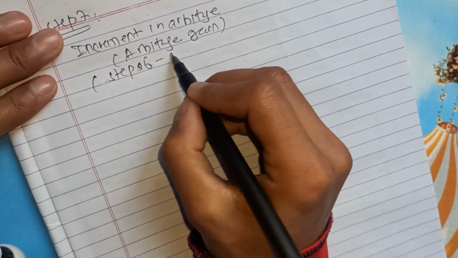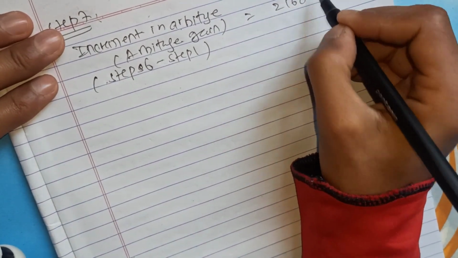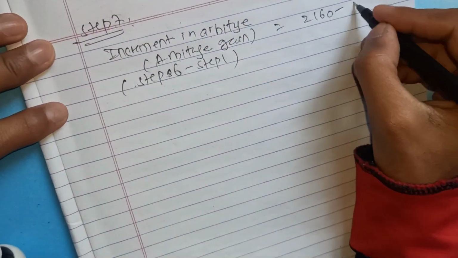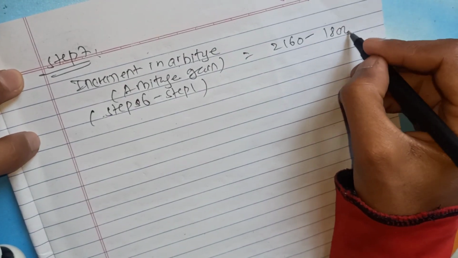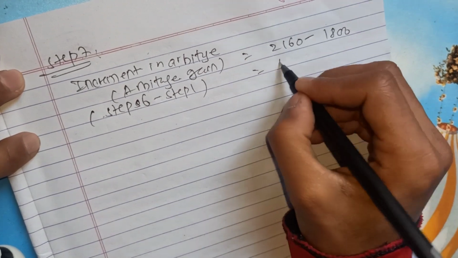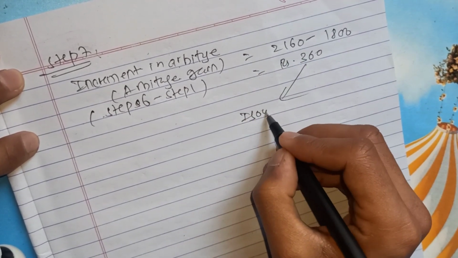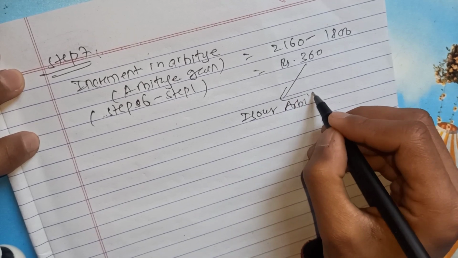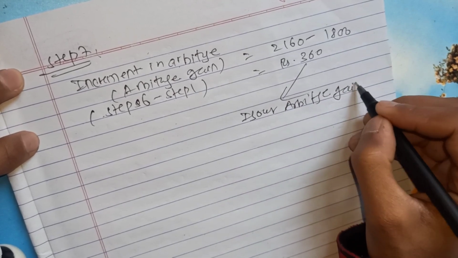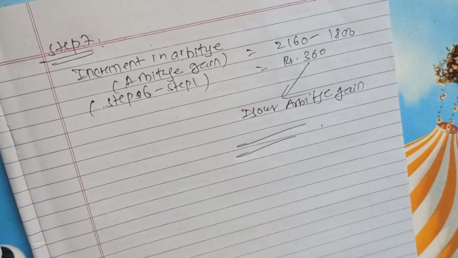Step 6 minus step 1 means 2160 minus 1800. That comes to 360 rupees, which is our arbitrage gain. I think you have understood.